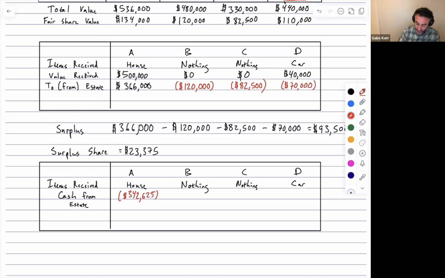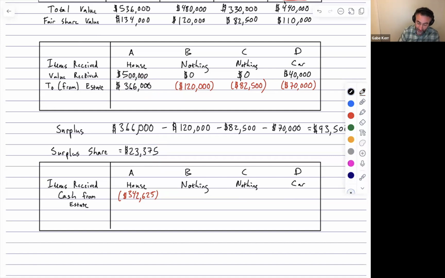So this is just the difference of this and this. That's how much A will have to pay. The others are all addition, right? Because in the initial settlement, these were the amounts that were being paid to the players, and then they got an additional amount from the surplus. So we just add these two numbers for each of them, and these are all going to be in black because they don't owe anything.